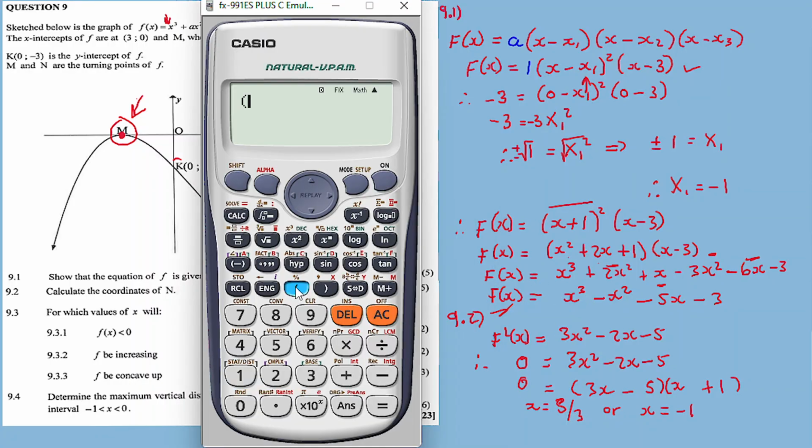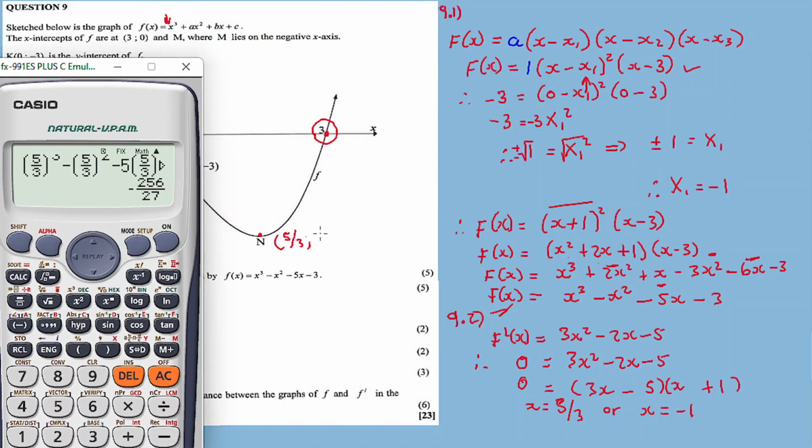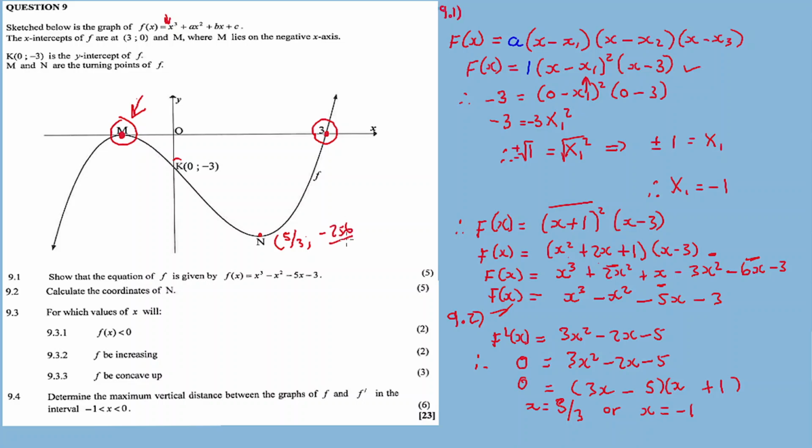So open bracket 5 over 3, not squared, cubed, minus 5 over 3 squared, minus 5 over 3, minus 3. This is equal to negative 256 over 27.